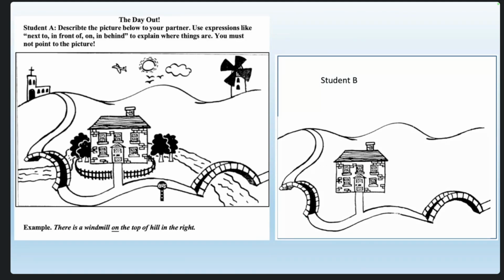So these scaffolded instructions are there, and student B tries to draw the picture and might ask for clarification. If he doesn't understand, he or she will ask for clarification.